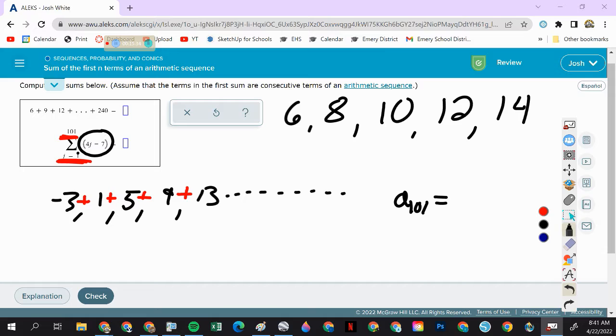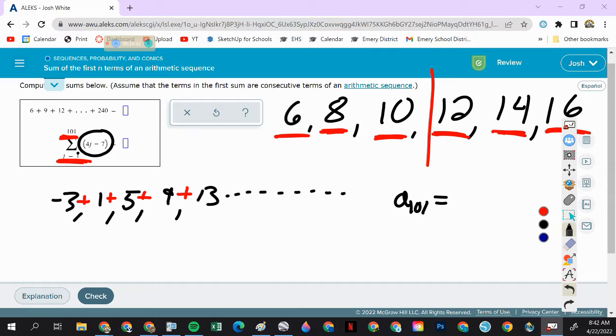Well, it would be 6 plus 8 plus 10 plus 12 plus 14. But watch what happens when I, let's do one more. So 16. Watch what happens when I link the ends together. 6 plus 16 is 22. 8 plus 14 is 22. 10 plus 12 is 22.